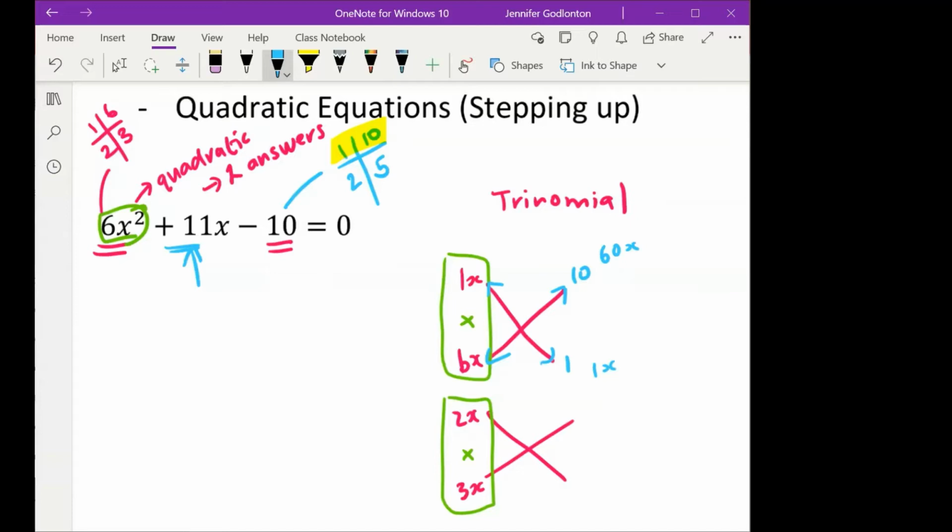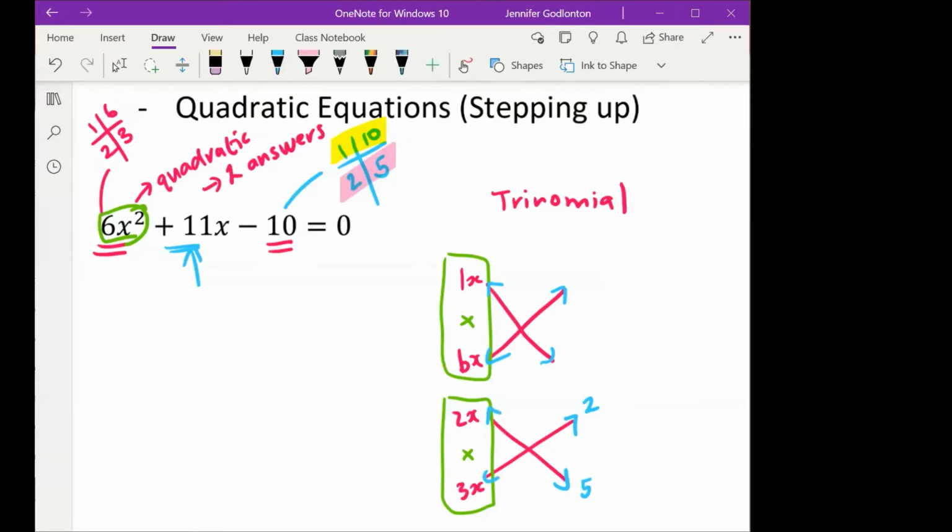Okay, so let's try our 2 and a 5. And let's try our 2 and our 5 down here at the bottom, and let's see what happens. I'm going to try with this factor pair. And remember, it's all just about trial and error in the beginning. If I put my 2 over here, I'm going to get a 6x. And if I put my 5 over here, I'm going to get a 10x. I'm not going to be able to get 11.